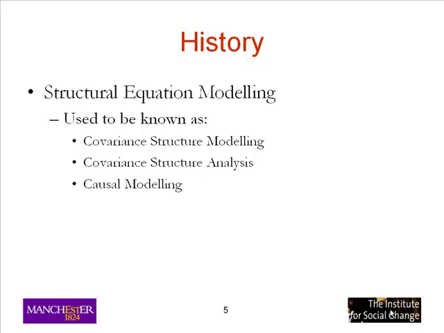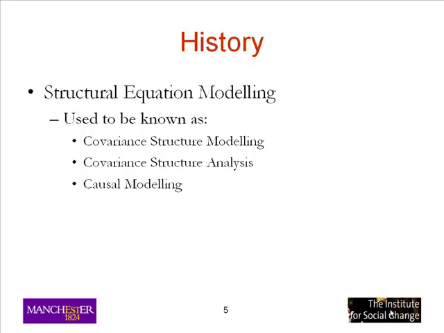So, structural equation modelling has had lots of different names. It used to be known as covariance structure modelling and covariance structure analysis, mostly because that gives a hint of what's going on underneath the surface, rather than looking at the expectations and the means of variables. Structural equation modelling tends to be more concerned with the correlation structure amongst the variables you're looking at.